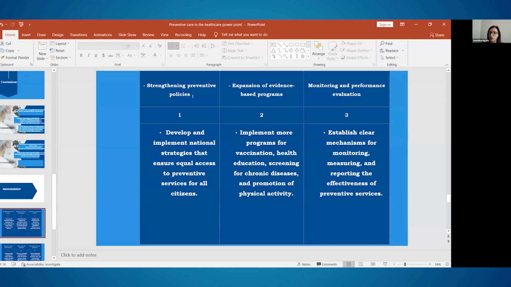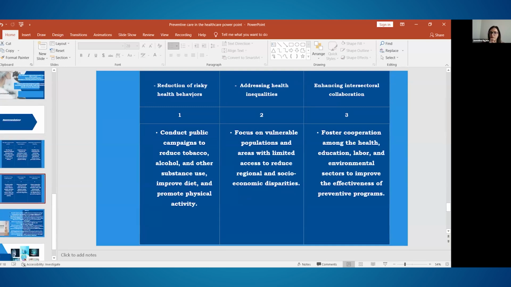Second, expansion of evidence-based programs: implement more programs for vaccinations, health education, screening for chronic disease, and promotion of physical activity. Third, monitoring and performance evaluation: establish mechanisms for monitoring, measuring, and reporting the effectiveness of preventive care.